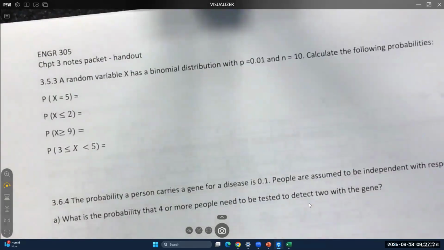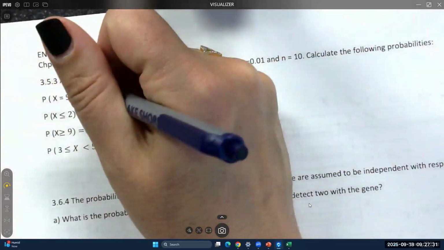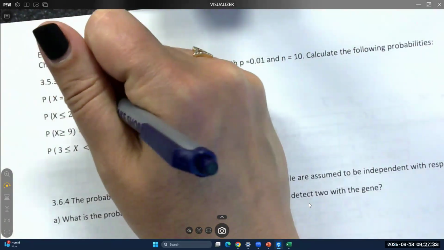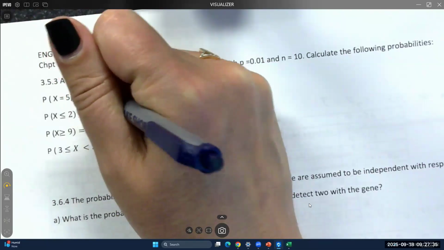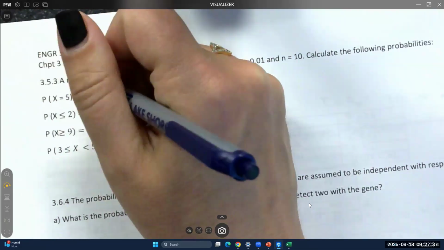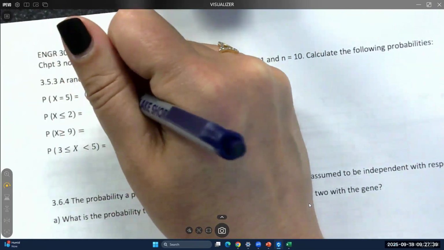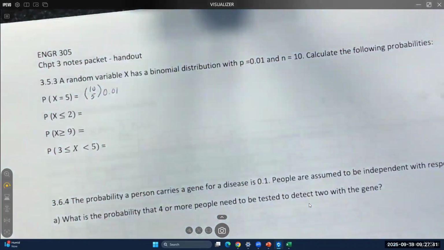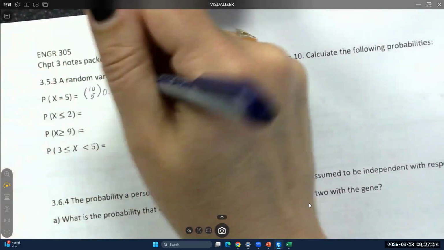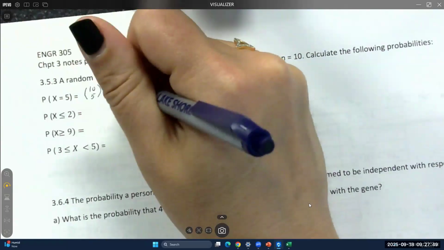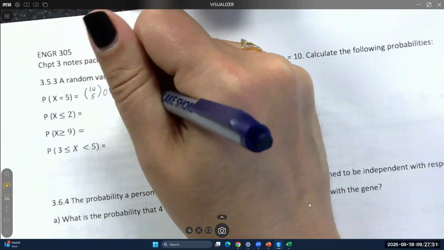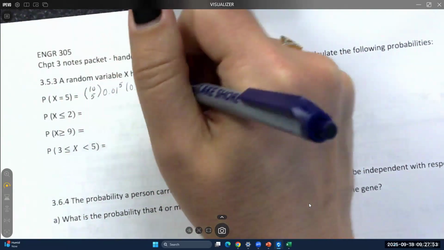And please tell me when I'm writing off the page. So the probability that x is equal to 5 for my binomial is going to be 10 choose 5, times 0.01, which is my probability of success, to the x, multiplied by my probability of failure, 0.99, to the n minus x.